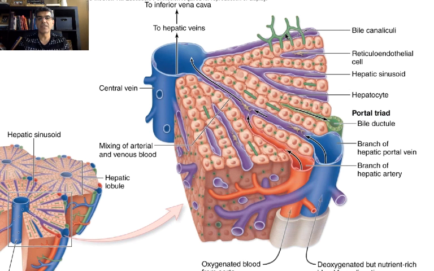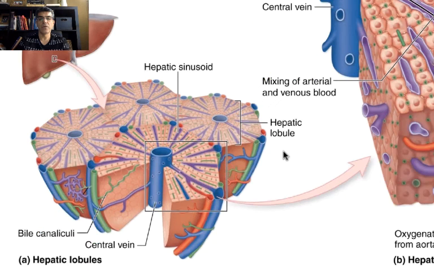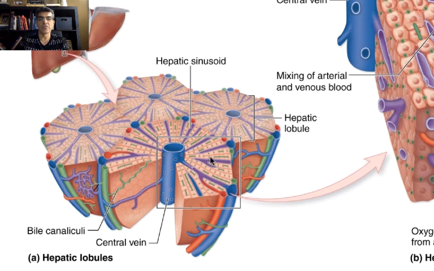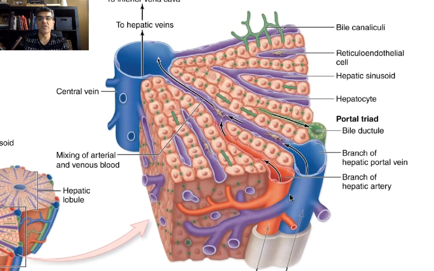So bile canaliculi are going to get together and create bile ductule. Bile ductule, as you can see, is next to hepatic artery and hepatic portal vein. These three together in each corner create a triad. This is called portal triad. So this is a portal triad, portal triad, portal triad. Why is it called triad? Because it's composed of 3 members: hepatic artery, hepatic portal vein, and bile ductule.